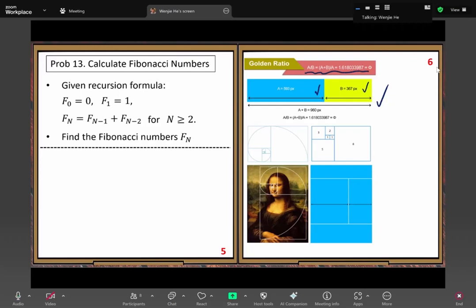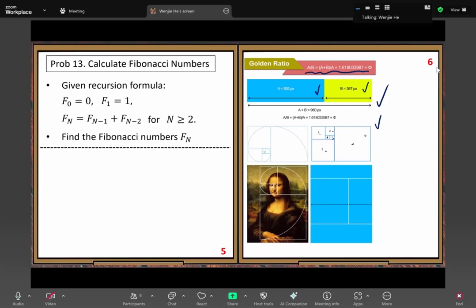The picture here also gives you some nice properties related to the Fibonacci numbers, and at the same time you can get an idea of the golden ratio. First, from the numbers, you see some small numbers: 1, 2, 2, 3, 5, 8.